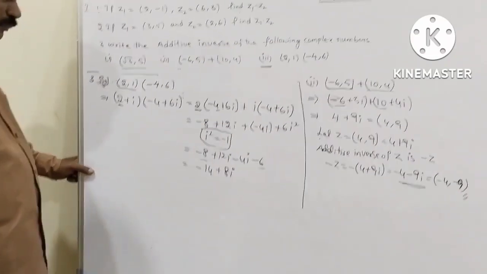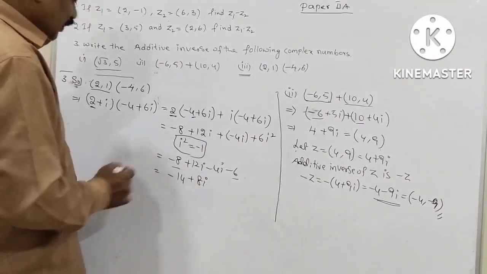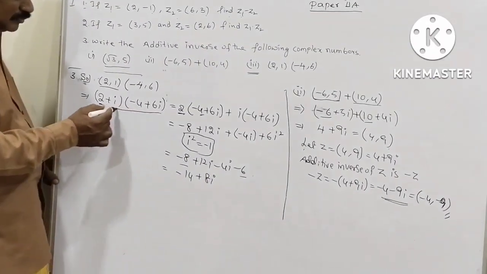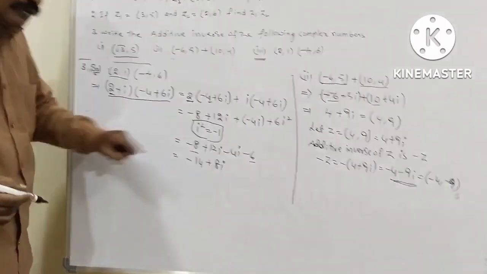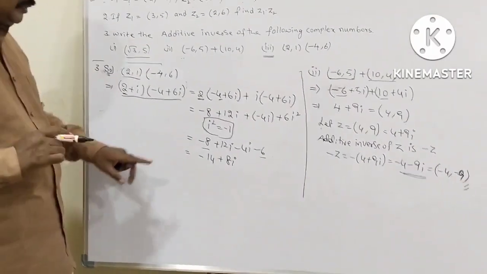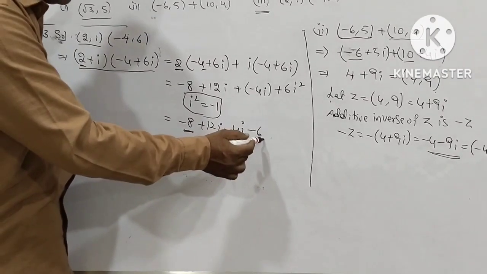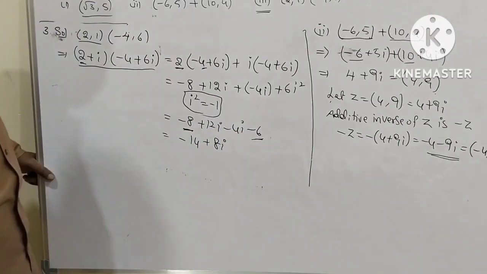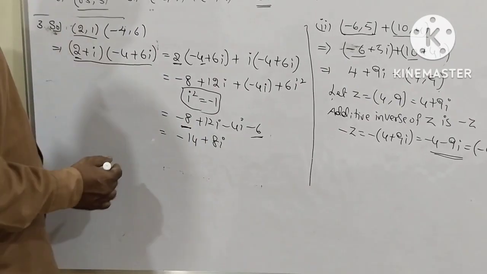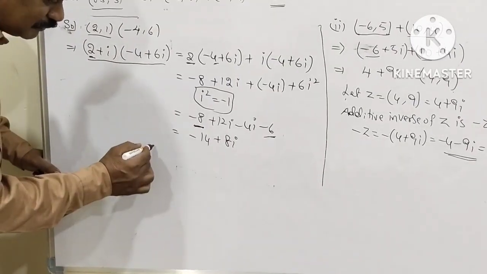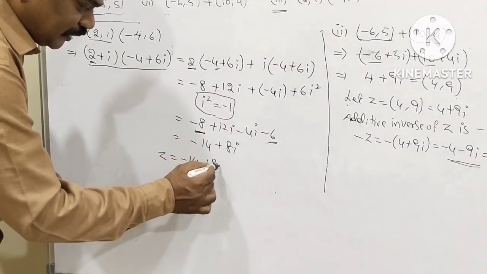Okay, all of you? So this is minus 14 plus 8i, the multiplication of these two complex numbers. Then we have to find the additive inverse of this. Minus 8 minus 6 is minus 14, and 12i minus 4i is 8i. So for the additive inverse, let z be equal to minus 14 plus 8i.